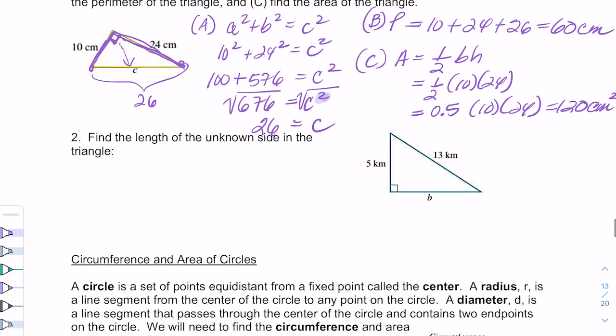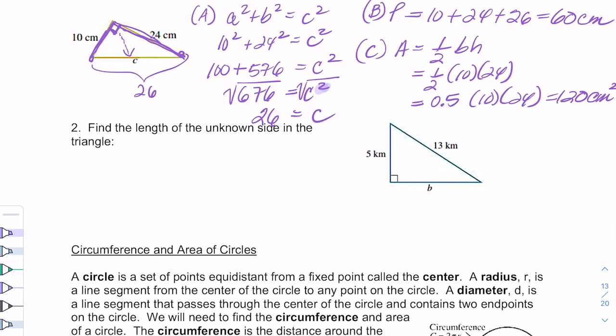And in number 2, they're asking us to find the length of the unknown side in the triangle. This time, we're looking for a leg. 13 is your hypotenuse because it's across from the 90. And 5 is your other leg. So be careful when you plug this into the formula.